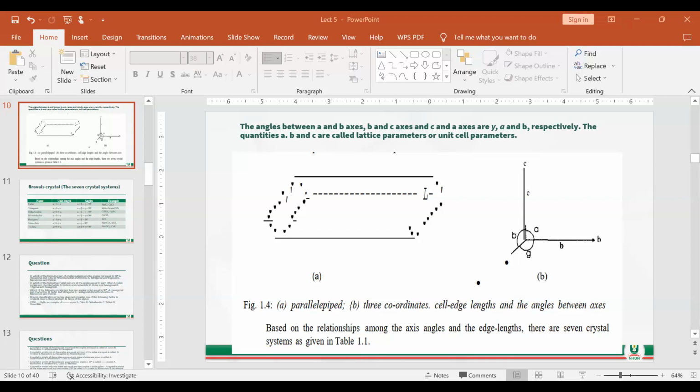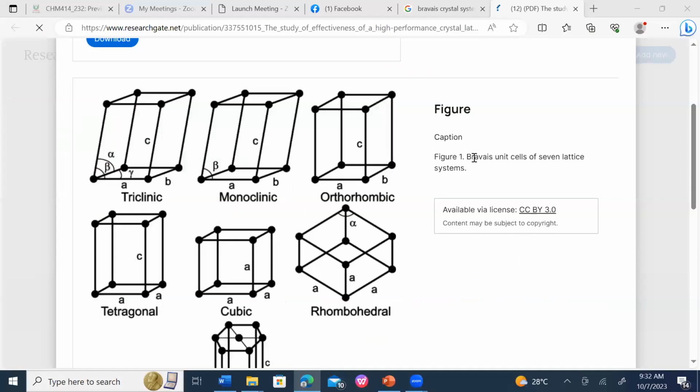Just a minute, I'm coming. Just trying to bring up the diagram. Can you see this diagram?